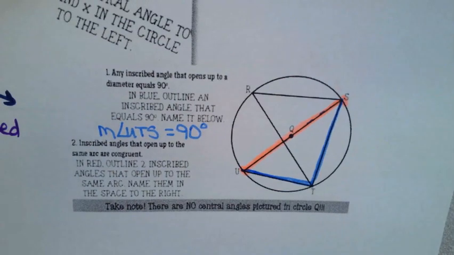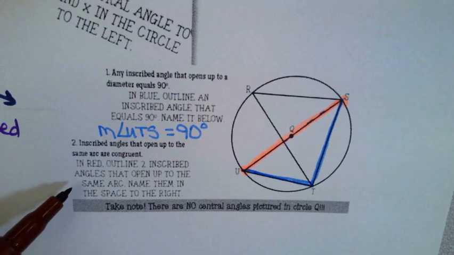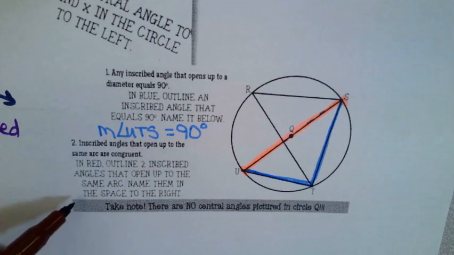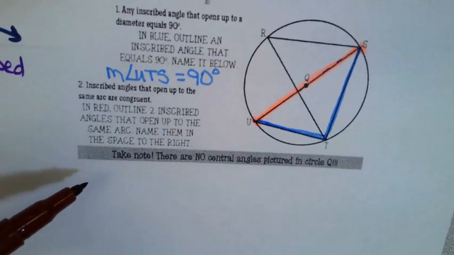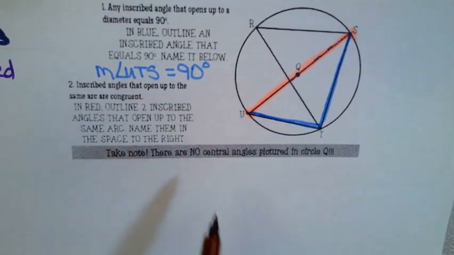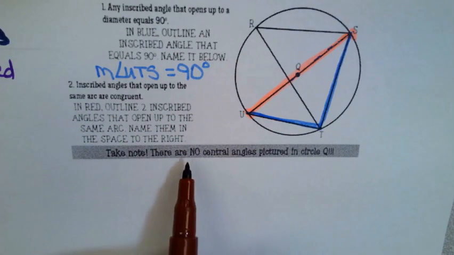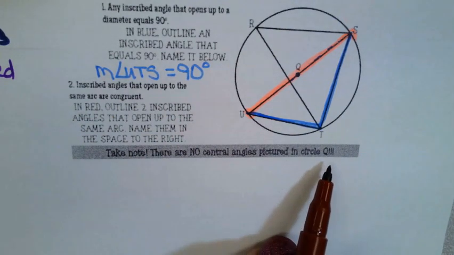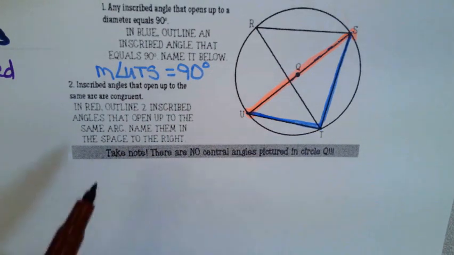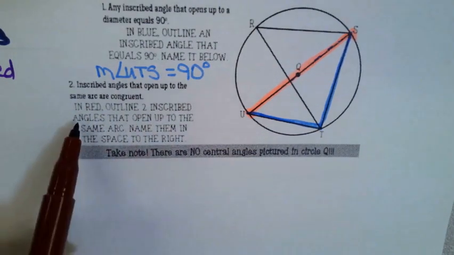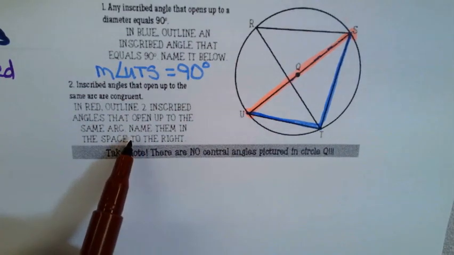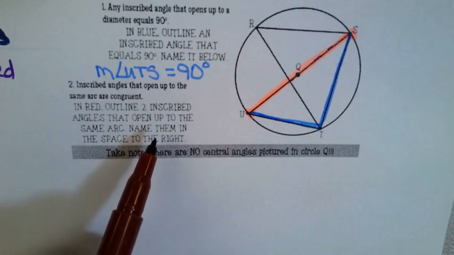Now it says in red, outline 2 inscribed angles that open up to the same arc and name them in the space to the right. I'm going to actually do it in the space below, but I think you'll get it. There are no central angles pictured in circle Q. So looking at this, to find 2 inscribed angles that open to the same arc, I usually start at the arcs.